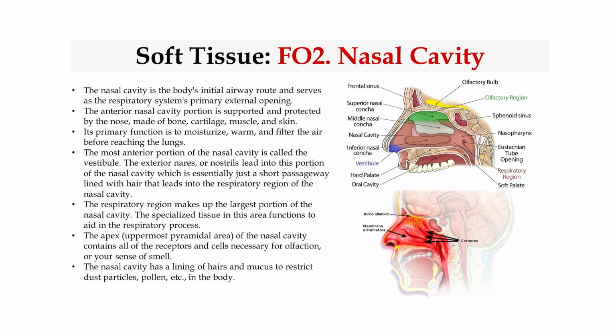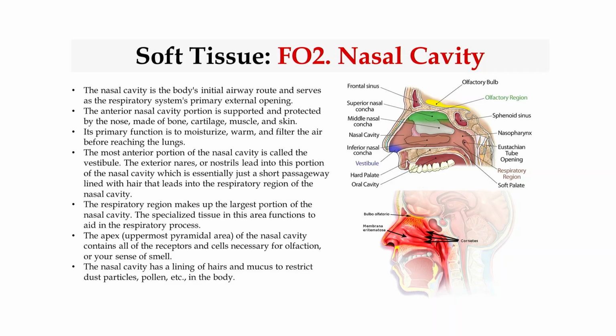The respiratory region makes up the largest portion of the nasal cavity. The specialized tissue in this area functions to aid in the respiratory process, right? The apex, or the outermost pyramidal area of the nasal cavity, contains all the receptors and cells necessary for olfaction. Olfaction is the sense of smell, right?